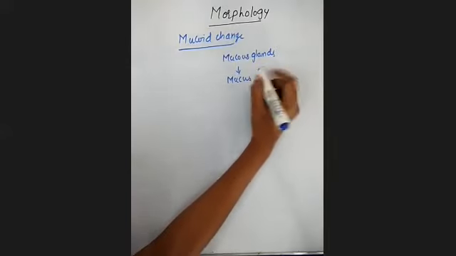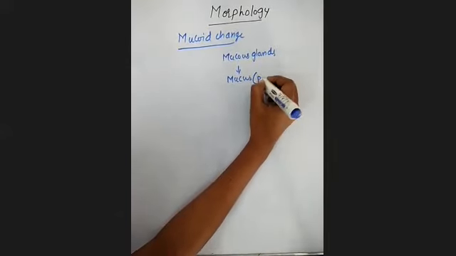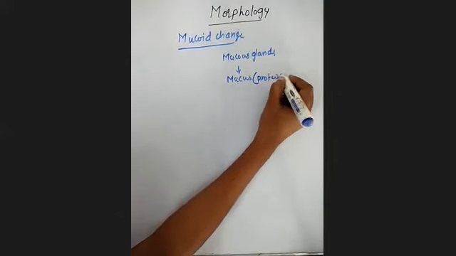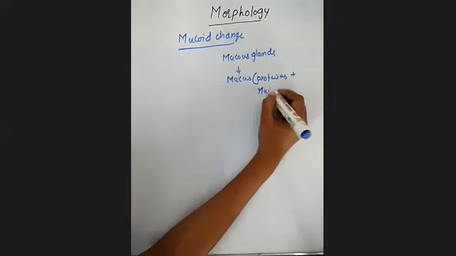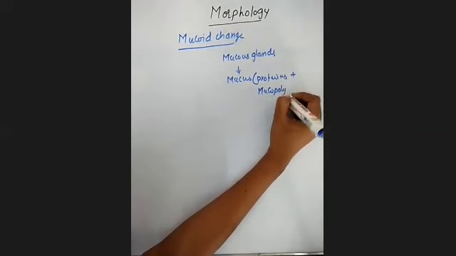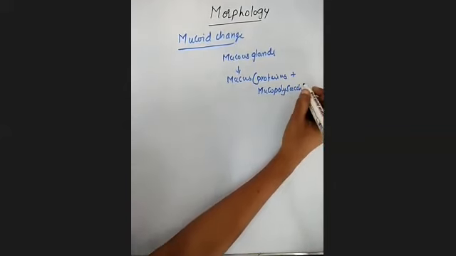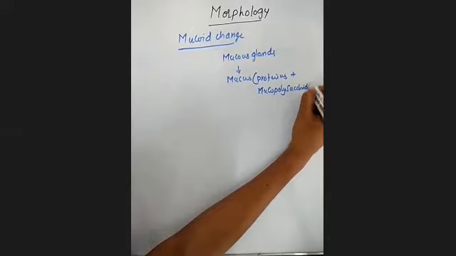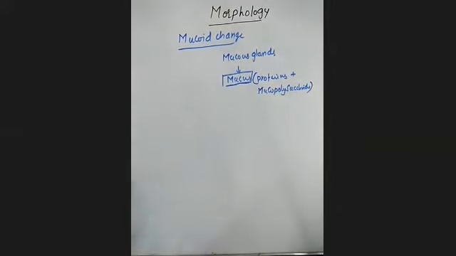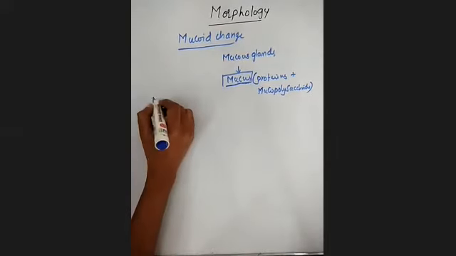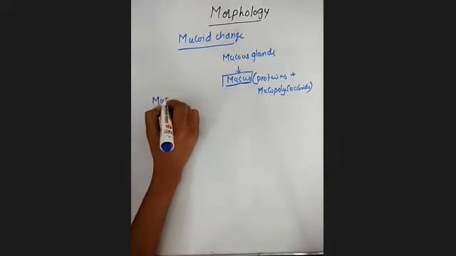Mucus is a combination of proteins plus mucopolysaccharides. Remember this term, mucus. Mucus is a combination of proteins and mucopolysaccharides produced from the mucus glands.